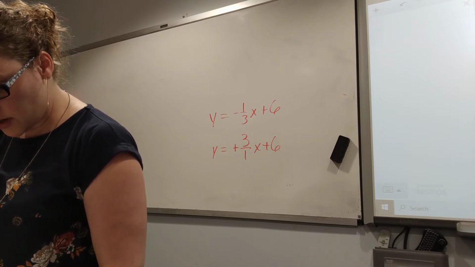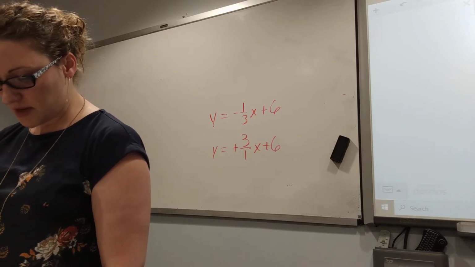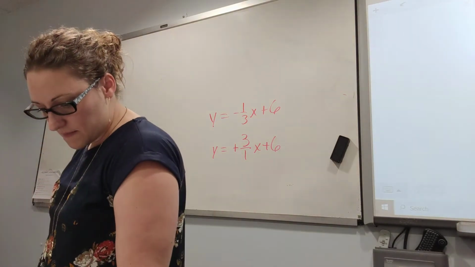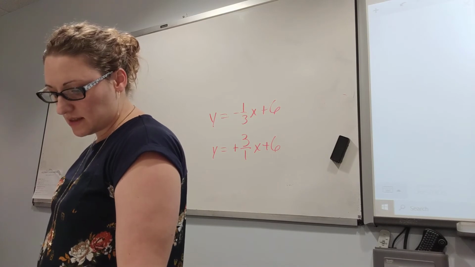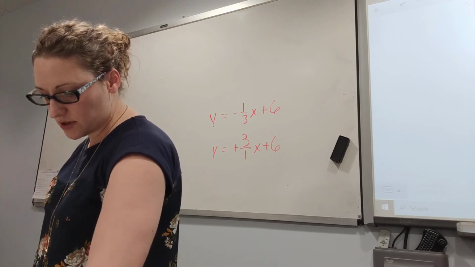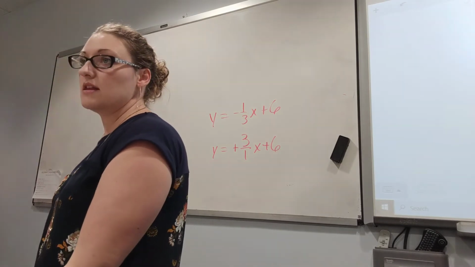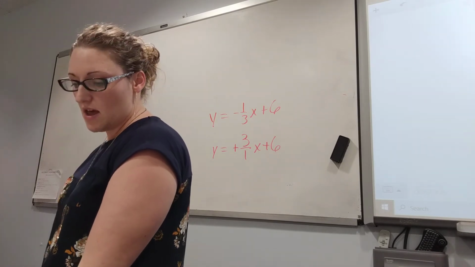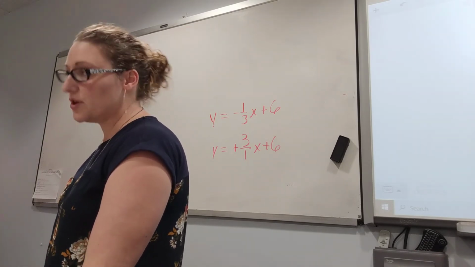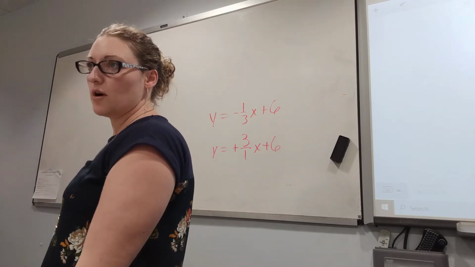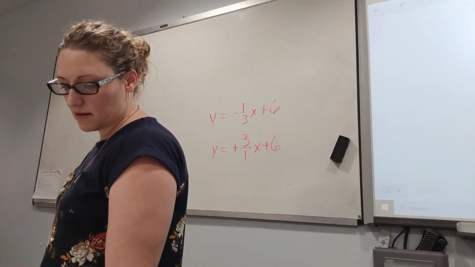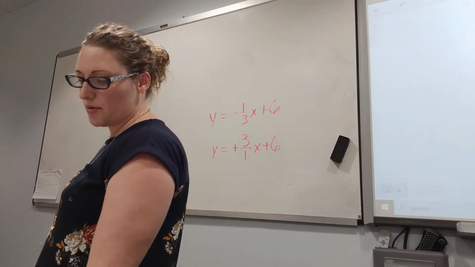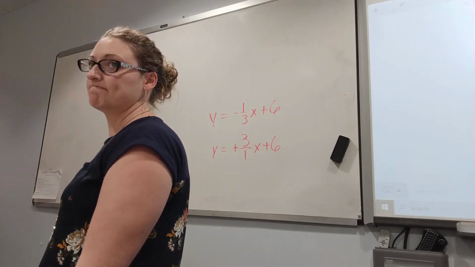I would like you to go ahead and do number 2 on example 2. Oh, hang on, before you get to number 2. They have A, B, and C in the example, right? So they want you to put it in y equals mx plus b form, and then decide which two are perpendicular or parallel.